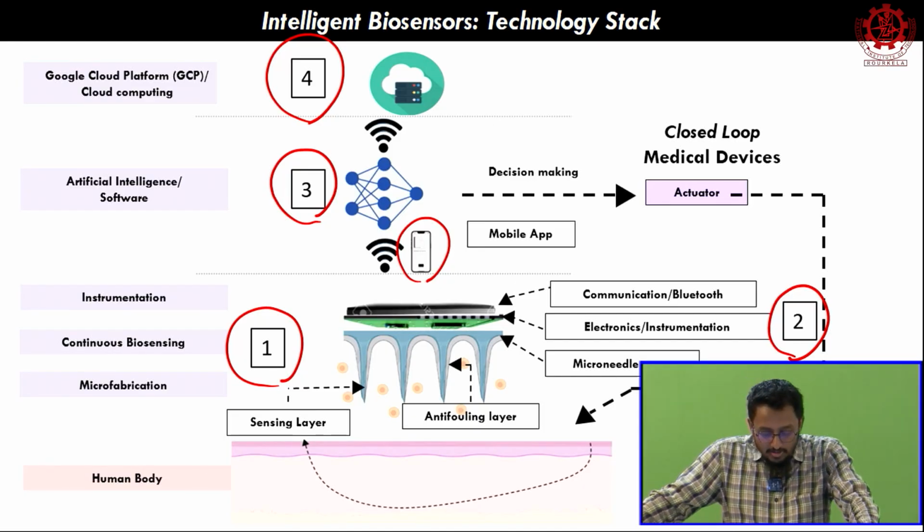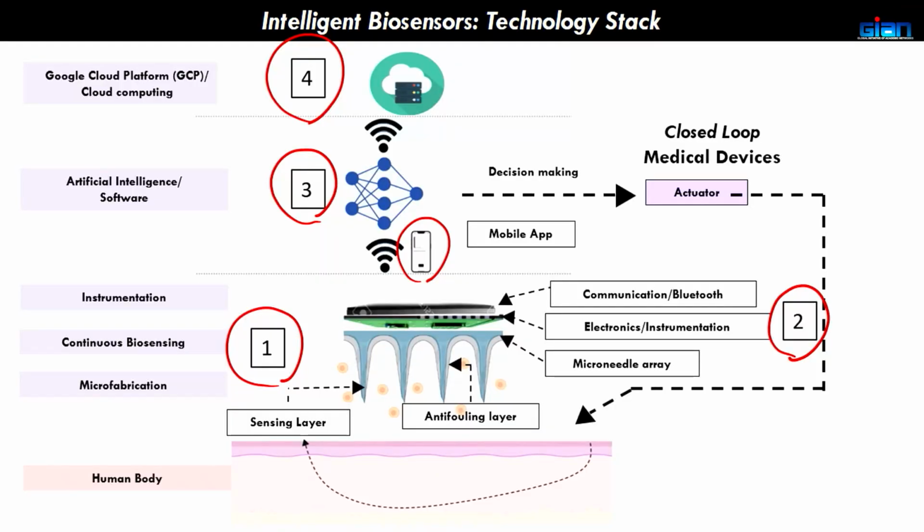Some people prefer to work at stack 1, so they are more into sensor development. This is mostly electrochemists or chemical engineers. They are more into developing materials and different fabrication methods. Now, not all the microfabrication methods are implemented or scalable for manufacturing, so some people look into that. Some people are more into electronics.